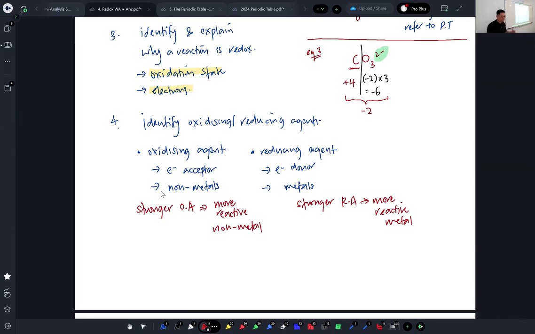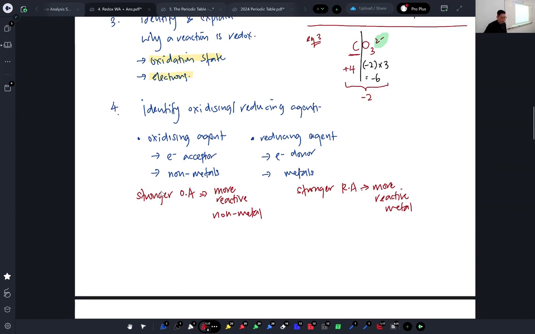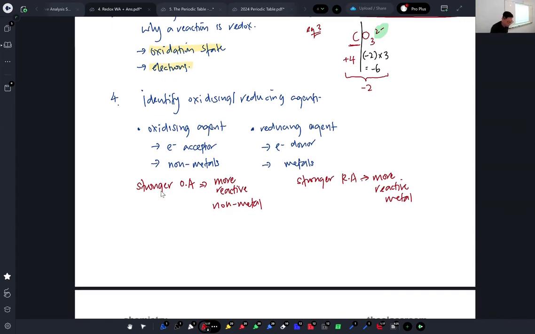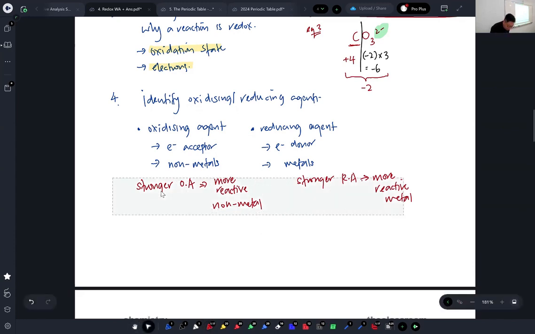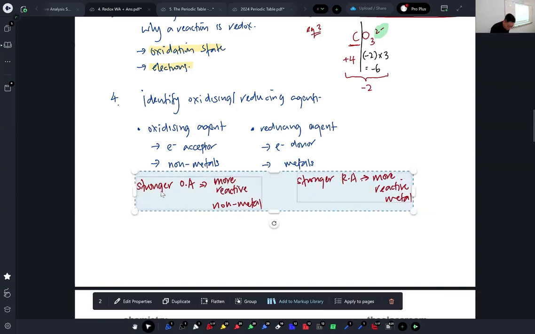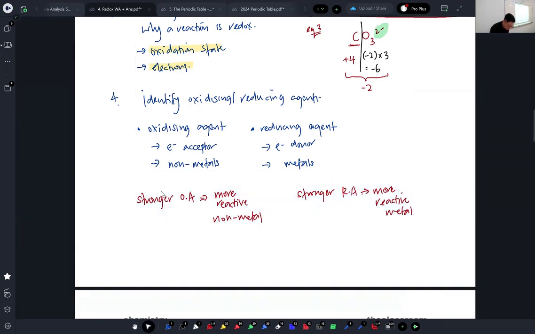Of course, there are other examples like KMnO4 and KI. Should I put them here? I'll tell you what, hold on. Some of you are going to kill me, but I'm sorry. I shift this down and add one more. Now you have KMnO4 and you have KI. Potassium manganate(VII) is a very common oxidizing agent. It's a purple solution.